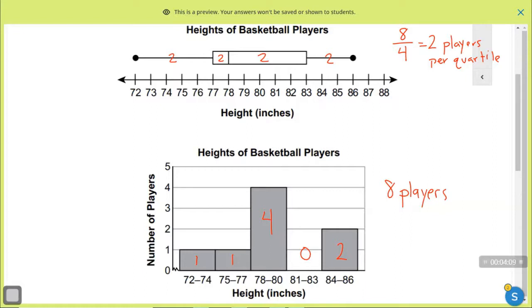We know right away our minimum value. Here's 1. So that's one of our 8 pieces of data. All right, and we know our maximum value, 86, is also 1. All right, I have given a space for each of my 8 pieces of data.